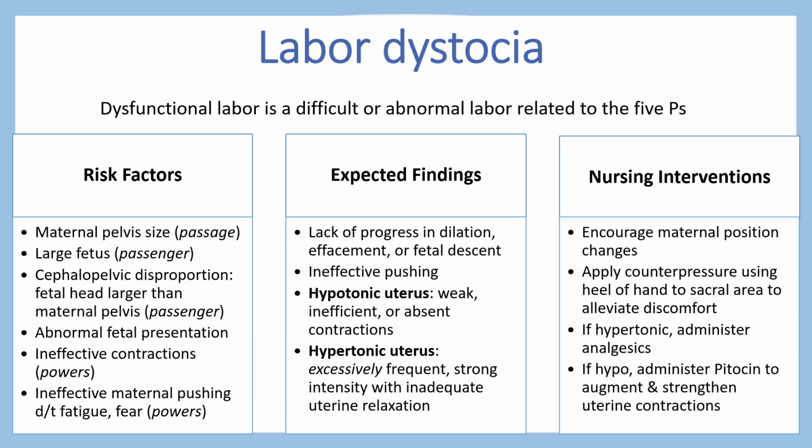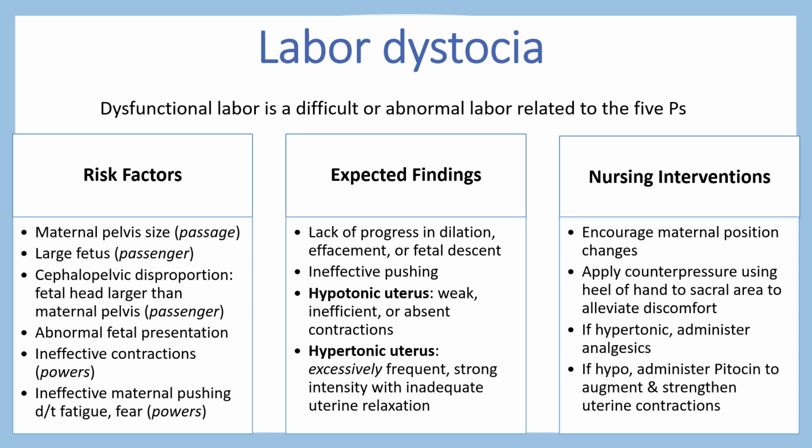Our nursing interventions will include maternal position changes, using sacral counterpressure by using the heel of your hand to apply pressure to the sacral area to alleviate discomfort, and anticipating an operative delivery with forceps, a vacuum, or a cesarean delivery.